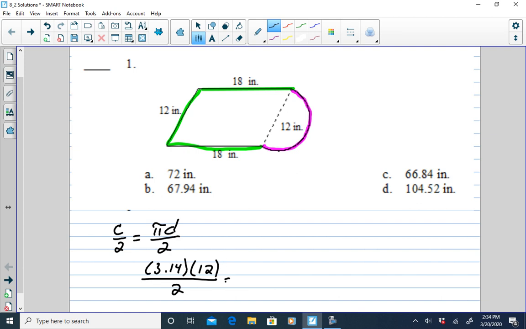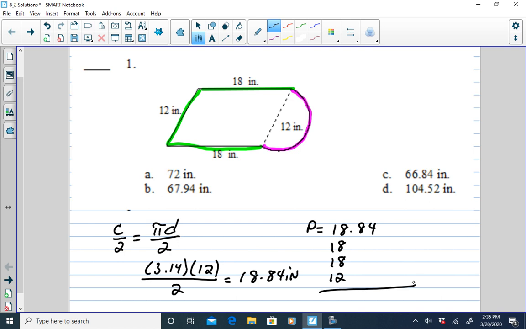Alright, so this part is going to be 18.84, those are inches. But to find the perimeter, we'd have to add the 18.84 plus the 18 plus the 18 plus the 12, right? These segments here.